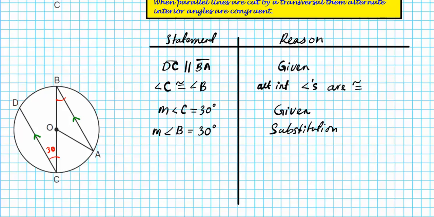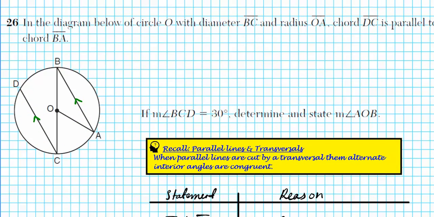Well, we are told that BC and OA are the radius of the circle, okay? So if BC is the radius and OA is the radius, we know that all radii are congruent, okay? So BC, well, BC is the diameter, OA is a radius, okay?